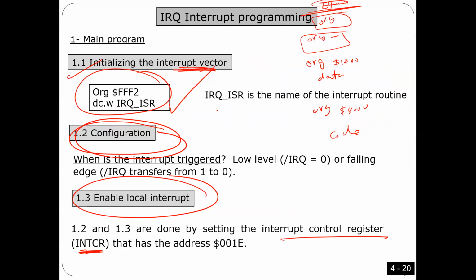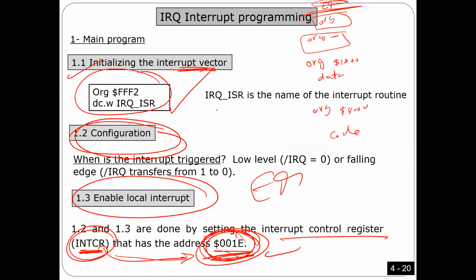The address of this register is already defined in the include file you include in your program using equate, because we don't want to use numbers. I just want to use English names. So the conclusion is, this register and any other register I'm going to teach in the future, we call them registers, but the way I'm going to use them is like memory locations, and any instruction used before for memory locations, I can use with these registers.